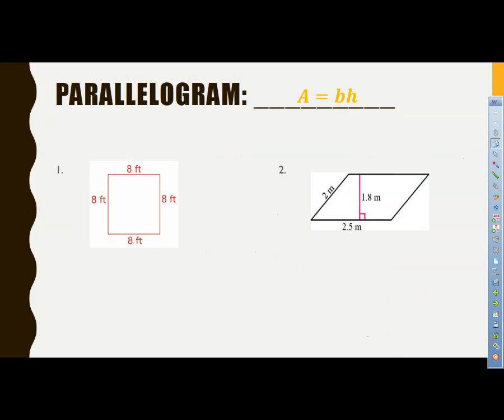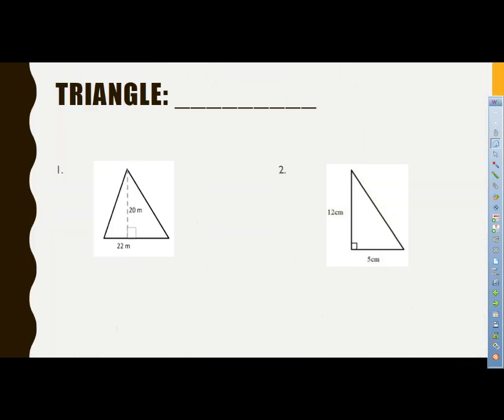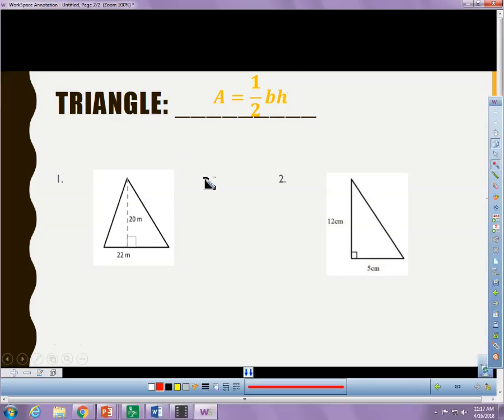Let's go on to triangles. For a triangle, we use the formula A equals 1/2 base times height. And the reason why it's 1/2 base times height is because a triangle is half of a parallelogram. So, on number 1, A equals 1/2 base times height.